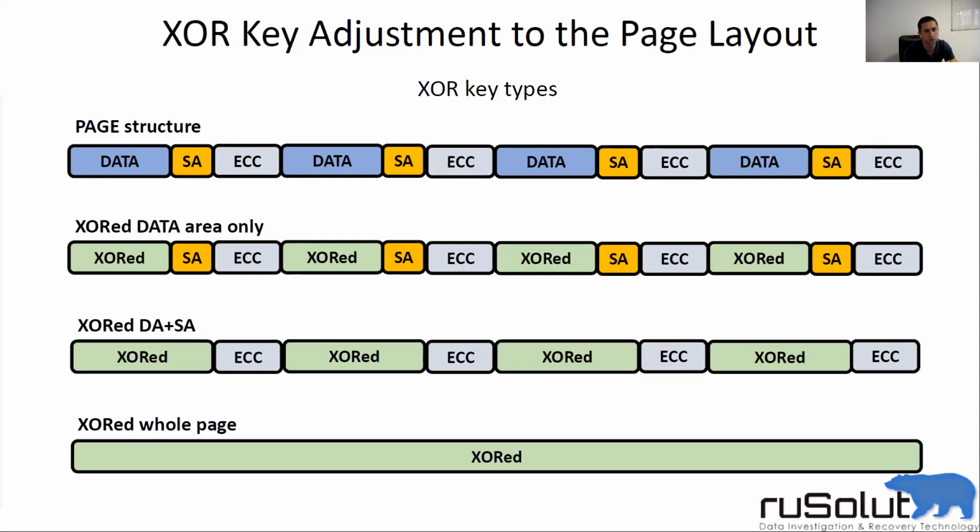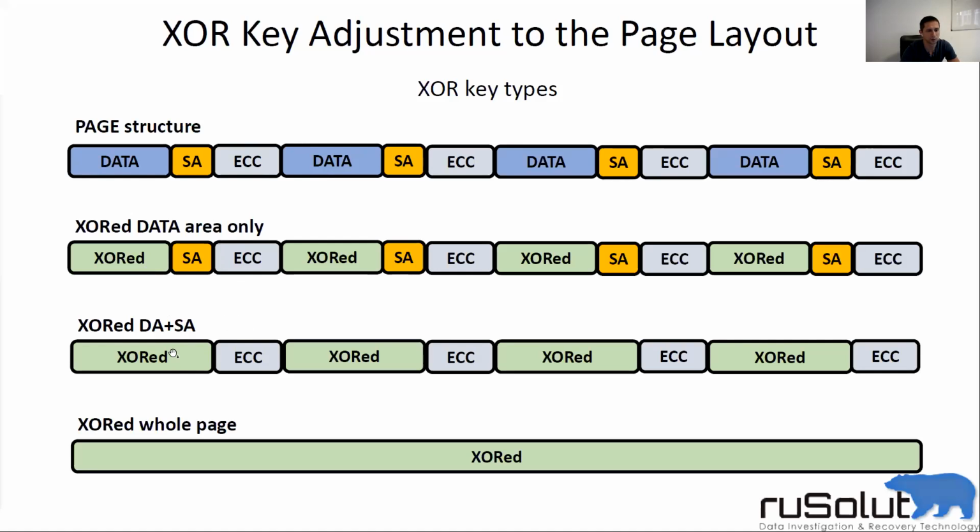If the controller uses XOR at the very beginning of the way the data goes to the memory, then only the data area would be XORed, because the controller first applies the XOR transformation, then creates the service area for the data, and then ECC is calculated, and so on.